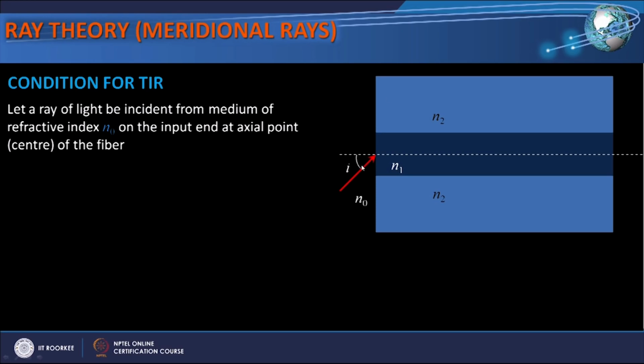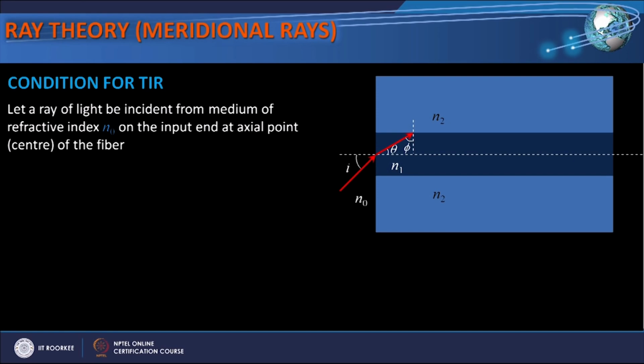When this ray enters the fiber, it is refracted, and let this refracted ray make an angle theta from the fiber axis and correspondingly an angle phi with the normal to the interface of core and cladding.